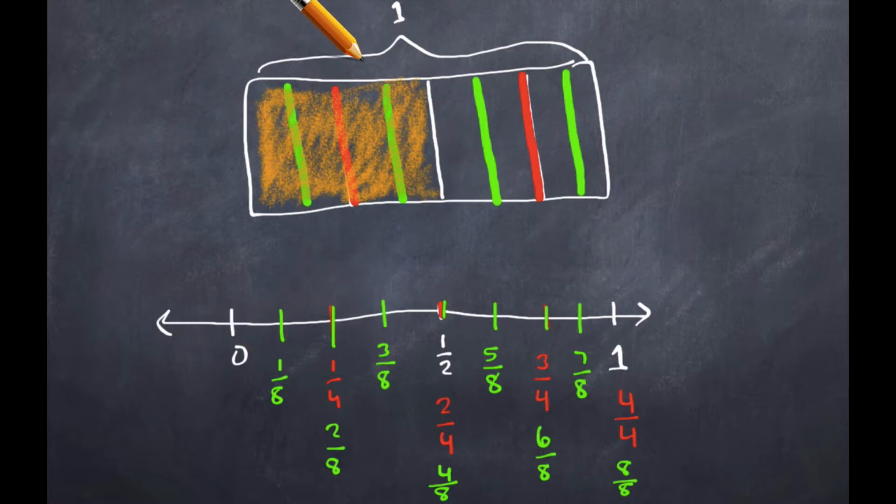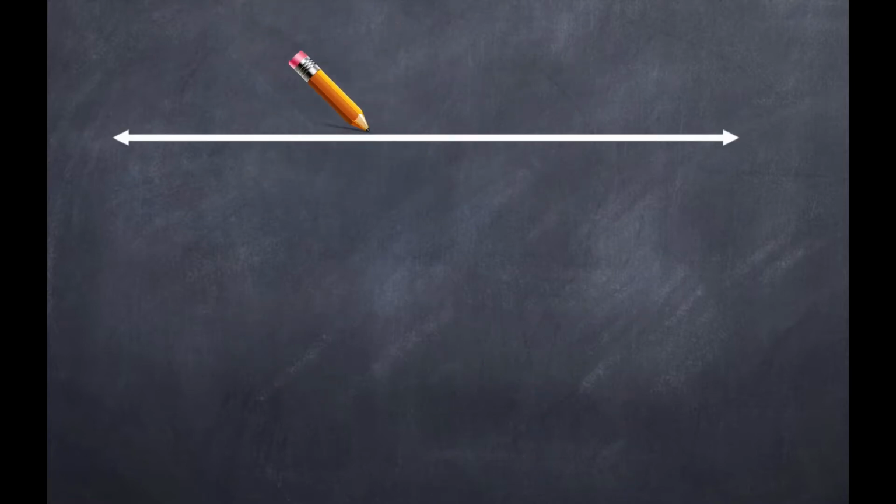Let's expand on that thought for a second, on the multiplication and how this all ties in, by looking at a different example. All right, so I got another number line here. In this number line, I'm going to partition or break apart into thirds. So if I were to start with 0 down here, 0/3, and then 3/3 all the way at this end, which would be the same as 1.